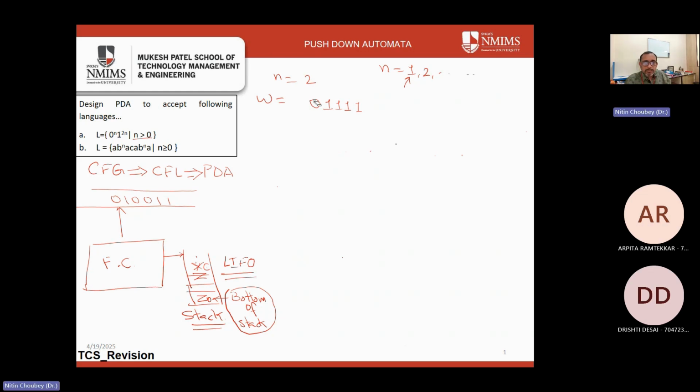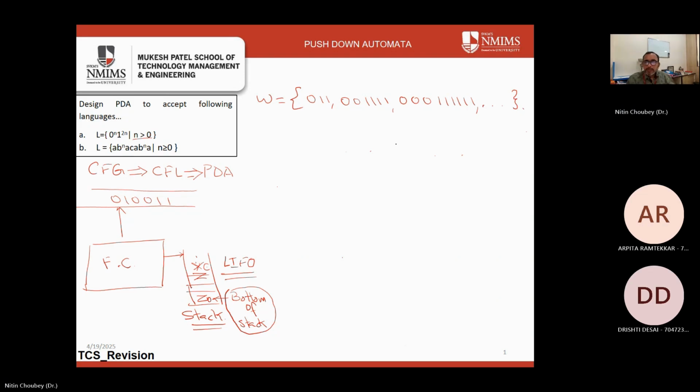So let's assume that we are representing a set of strings which belong to the given language, and that set we are representing by W. The smallest length string would be 0 1 1. Next would be 00 with 4 ones, then 000 with 6 ones, and so on.